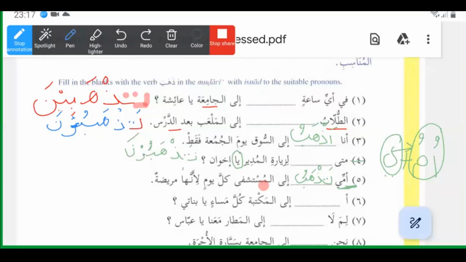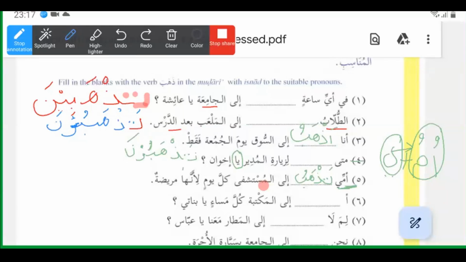Now number 6, a dash ilal maktabati kulla masain ya banati. Now bintun means one daughter. Banati, banat means daughters.